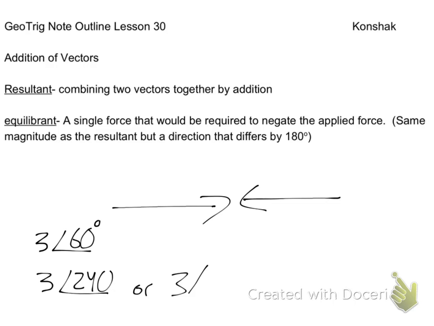Or, could I say this? Can I say 3, 120? So it doesn't matter how many times I go around the circle, but if it's exactly 180 degrees difference, as in their coterminal angles are 180 away from each other at the same point, they are called equilibriant forces.